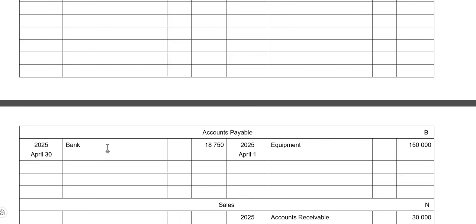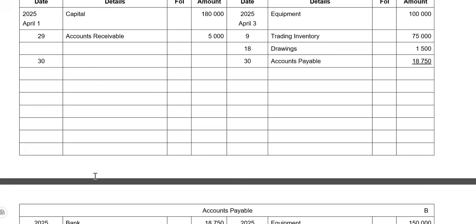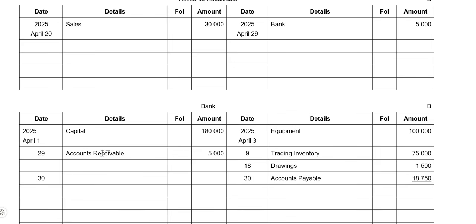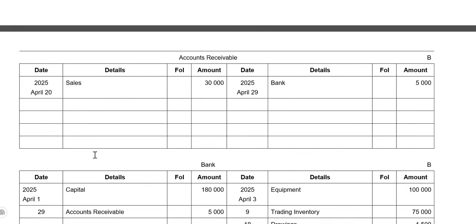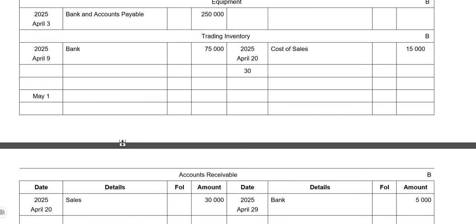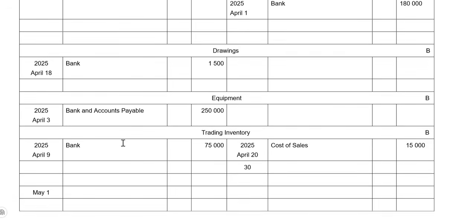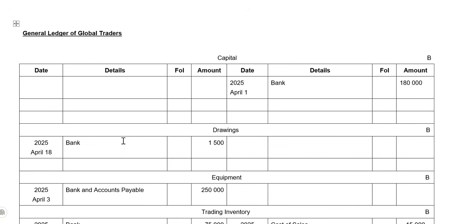Right, now what we need to do, that was the last transaction. I'm going to show you in a moment the bank account I'm going to balance. So if I go up here, I'm going to just work down these accounts.